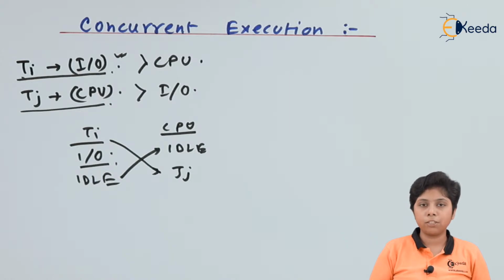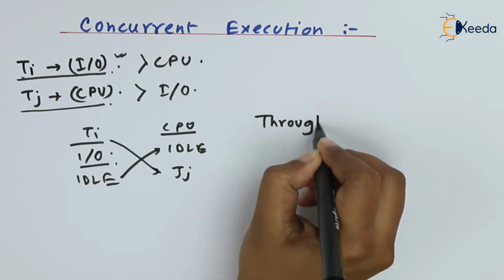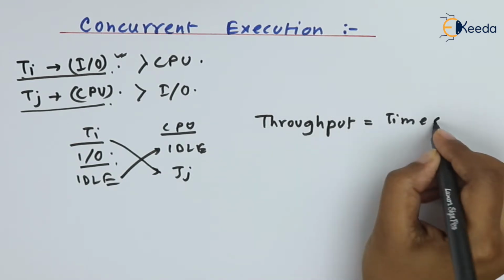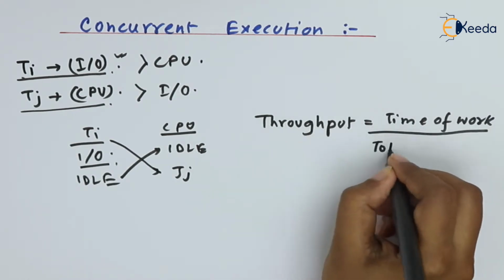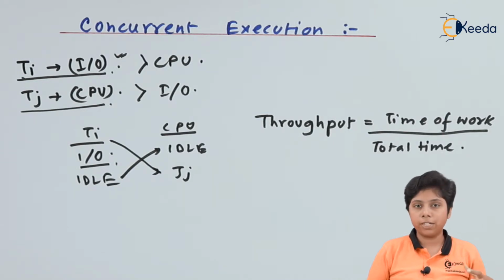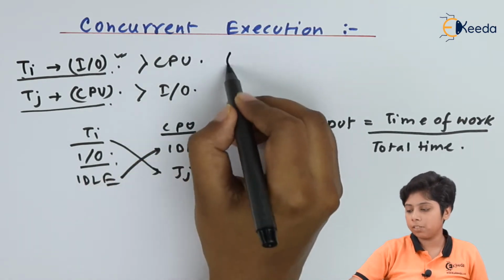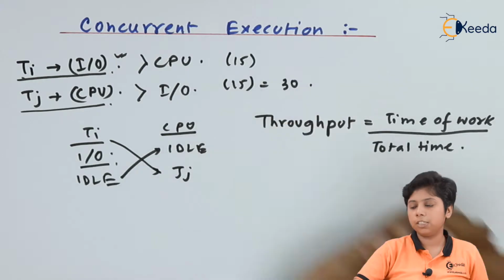So what do we mean by throughput? Throughput is generally considered to be the amount of work done divided by the total time. Say the total time of TI and TJ is 15 plus 15, that is 30 seconds.